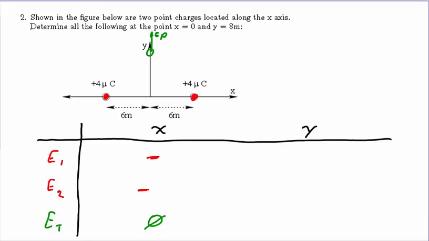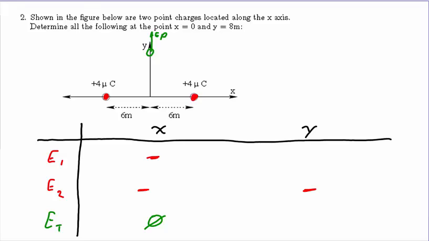Furthermore, when we compare the y component of E1 to the y component of E2, these two must be equal to one another. Therefore, we don't have to calculate the y component of E2. Having calculated the y component of E1 is more than sufficient.